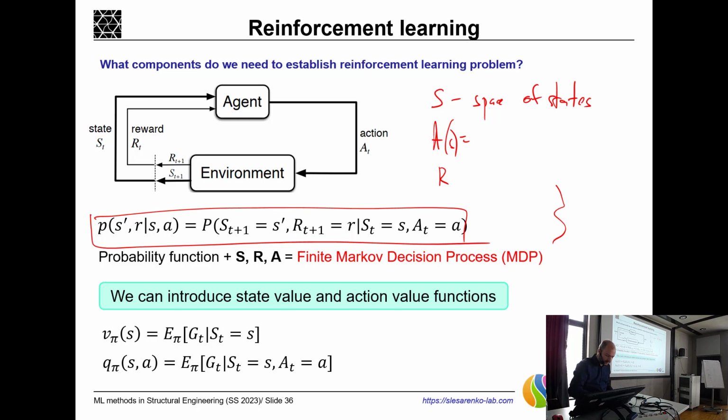That's how much money you will have at the end. Forget a little bit about this expectation, because we didn't discuss it, but in some cases you want to go to one state, but the probability function says no, you will actually go to another state with another reward.